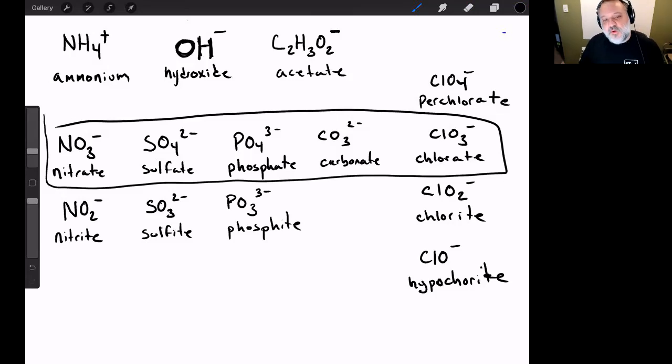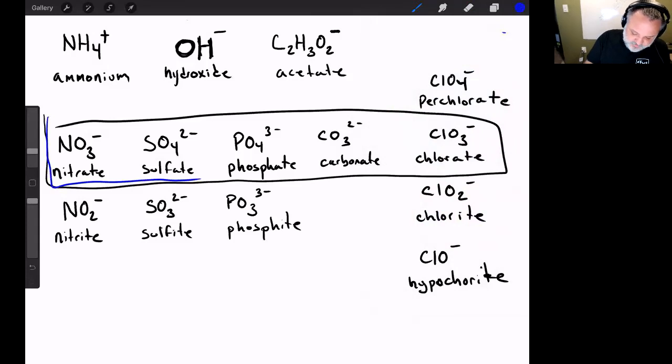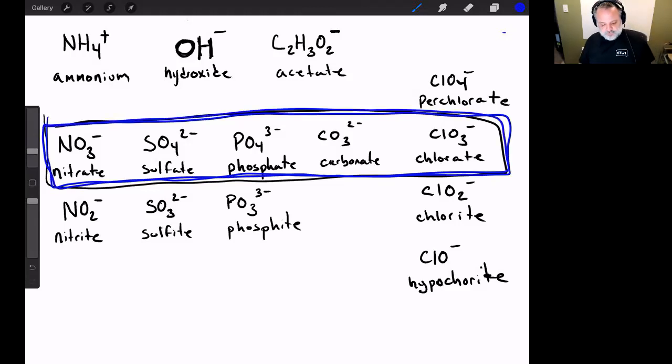But what I'm trying to point out at this point is that if you know the 3 at the top that you don't really have a pattern with them, and you kind of know this set, then you can build the rest of them by remembering that all that changes is the suffix "ite" and the number of oxygens.